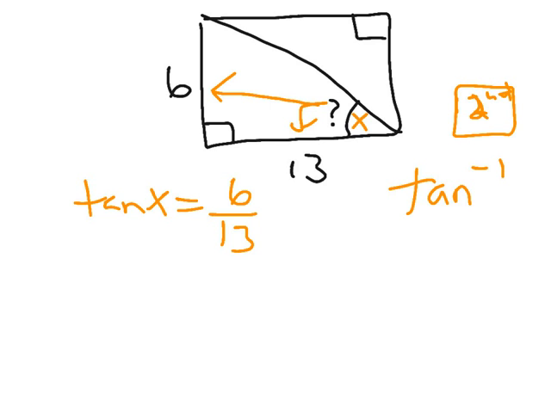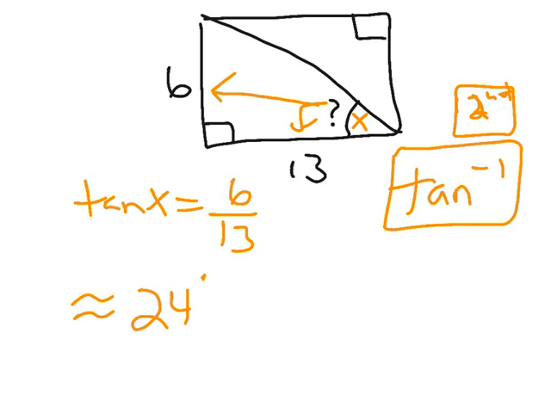When you do that and you're in degree mode, it will tell you how many degrees that angle is. And in this case, the answer should be roughly 24 degrees. So there you have it, solving problems using the trigonometric ratios of sine, cosine, and tangent.